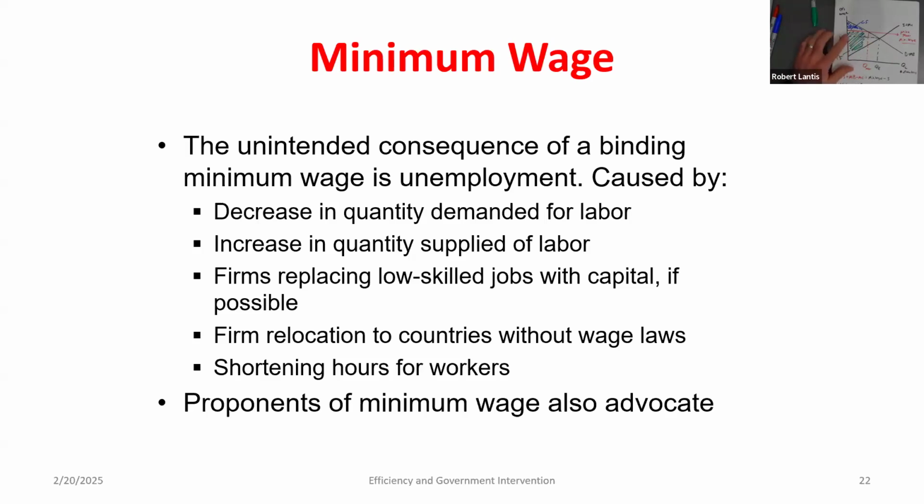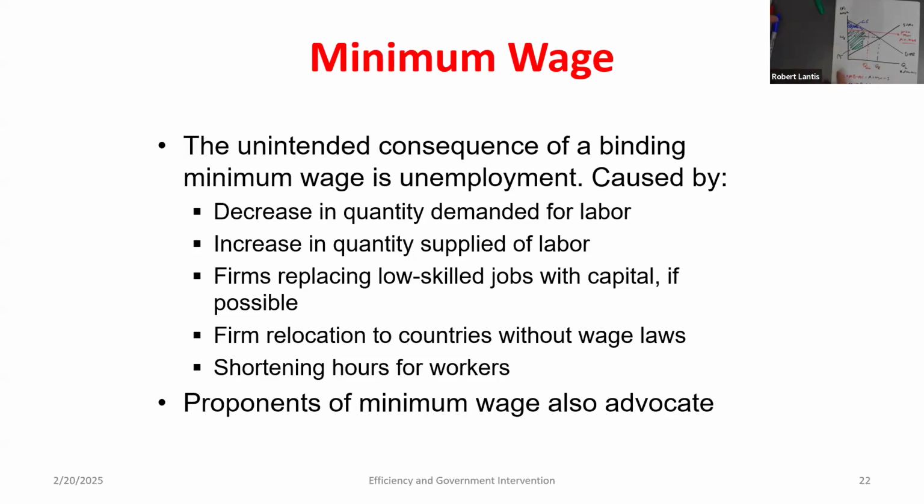Now, the problem is, if I kept my job, if I was one of these people, I love this minimum wage. My surplus is higher, right? However, what does this represent? This difference between the quantity of workers after the minimum wage and without it, all these people no longer have jobs.